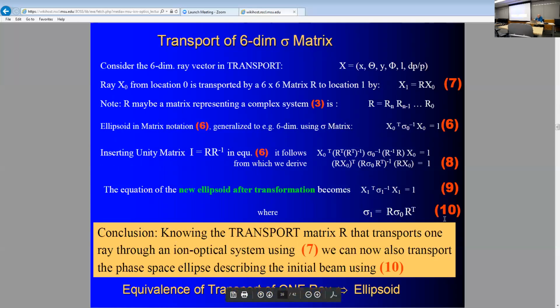So that is done in the transport formalism. COSY can do it. We seldom make use of that because we're not designing beam lines, but we have different questions. So the equivalence between the transport of one ray and an ellipsoid is here.